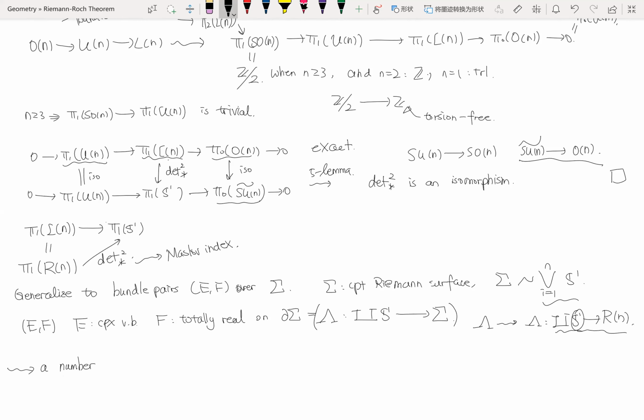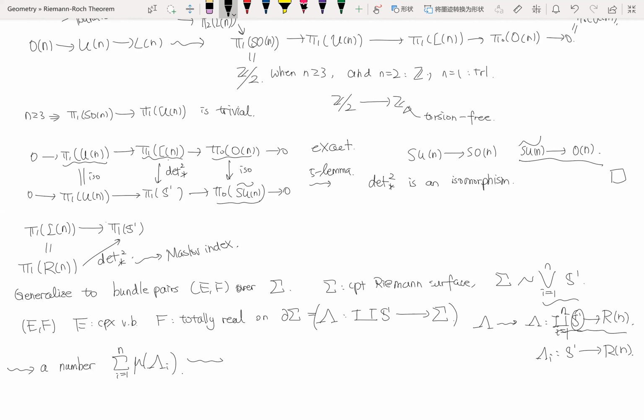If we write the circles as 1 to n, and lambda_i is just the ith circle into ℝ^n, then we have the number that is the sum over i equals 1 to n of the Maslov indices of all these loops.